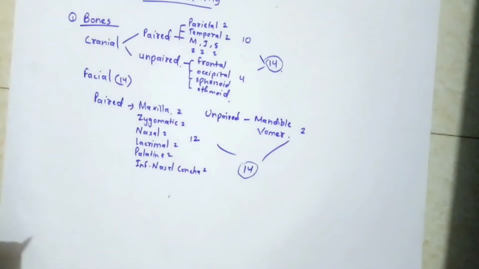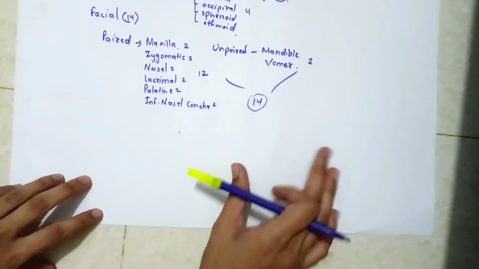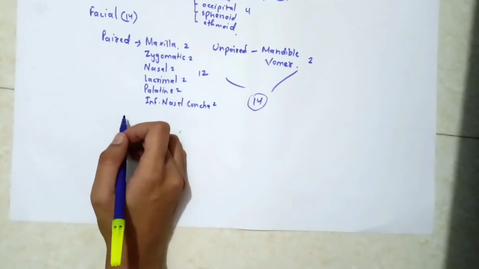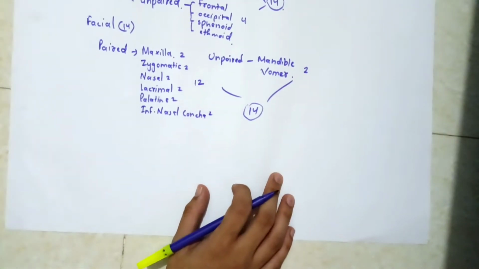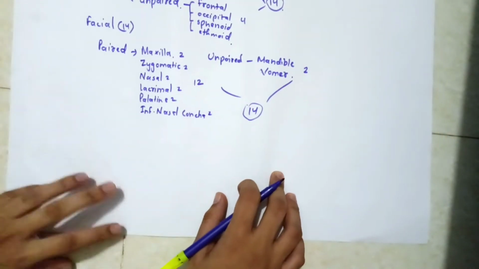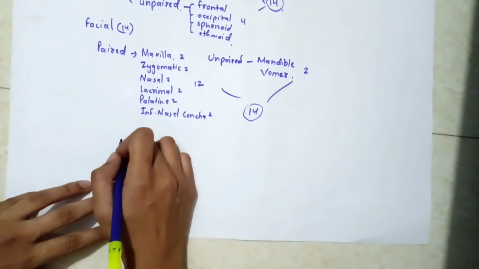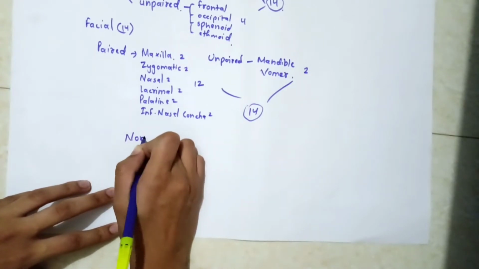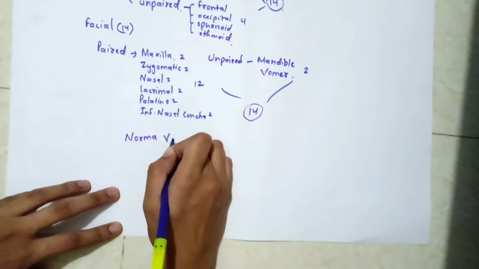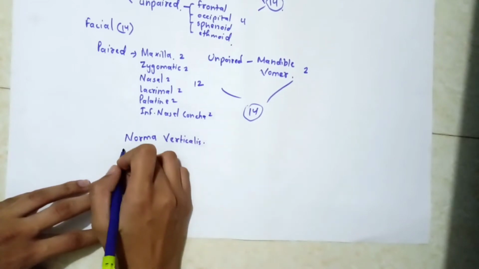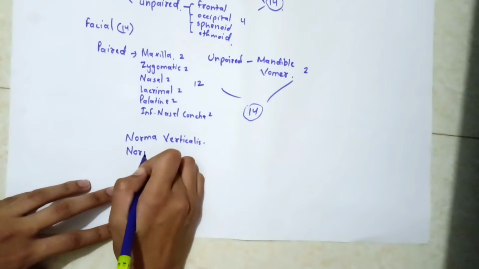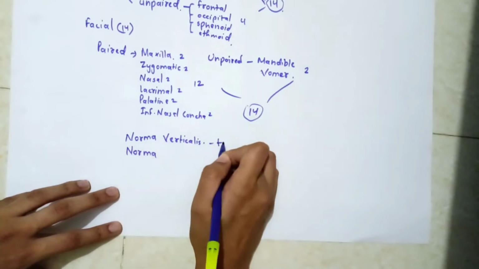Before seeing these bones, let me tell you that for studying the bones of the head and neck portion, we have divided it into different views. We have norma verticalis, that is the top view.